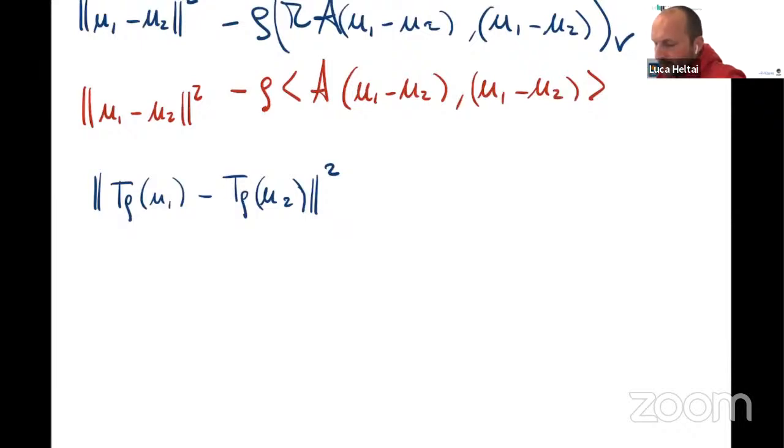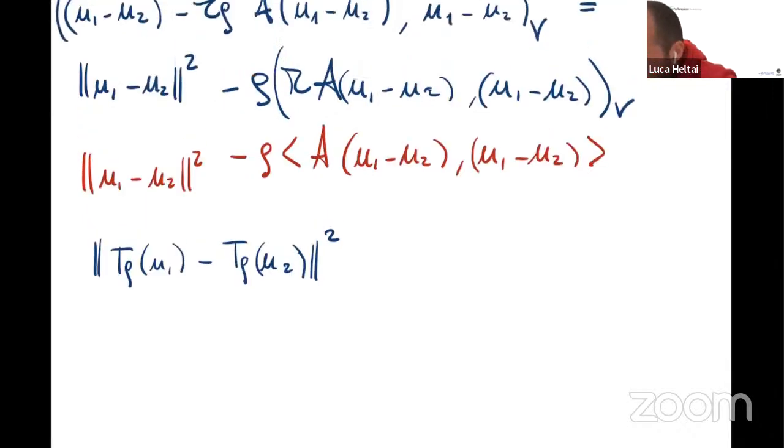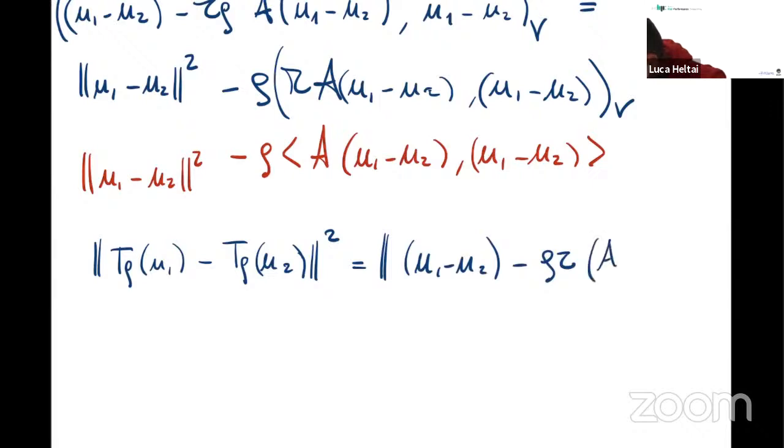So let me look at the square of the norm of these guys. I have essentially that this is exactly equal to the square of the norm of U1 minus U2, as we said before, minus rho tau A of U1 minus U2. Oops.